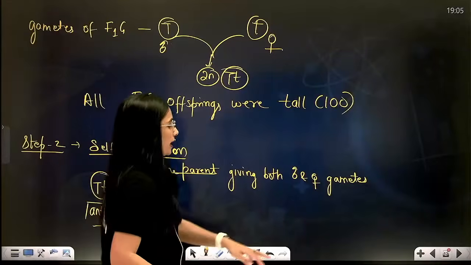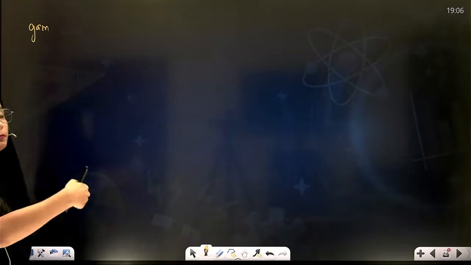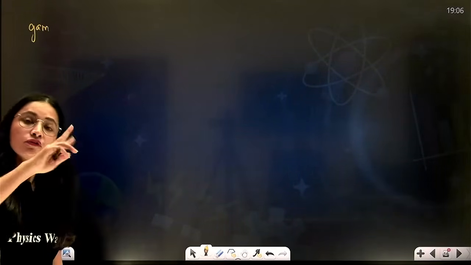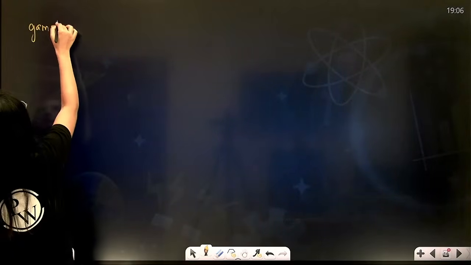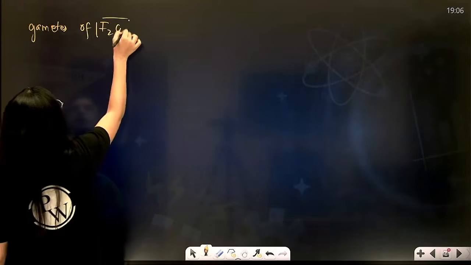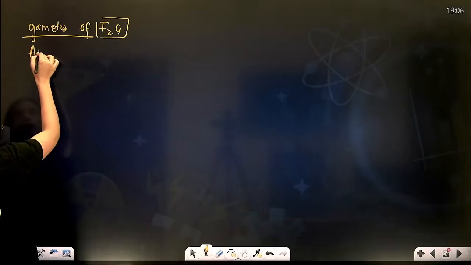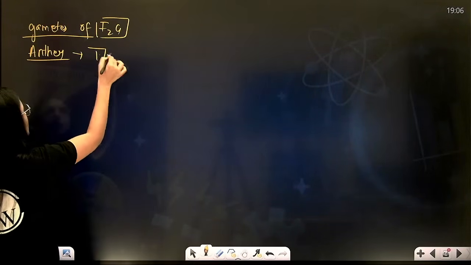So the number of gametes produced will be, see, now gametes of the F2 generation. Now we are going to obtain the next generation. First generation offspring obtained, now second generation offspring, the F2 generation. So for one parent, anther, what was the combination? Capital T, small t.